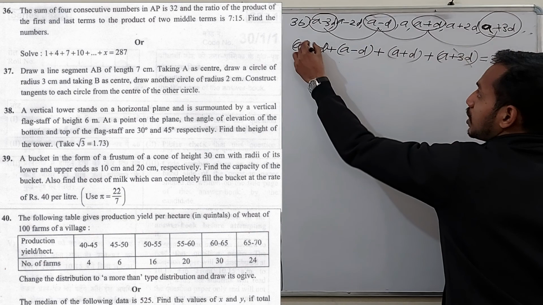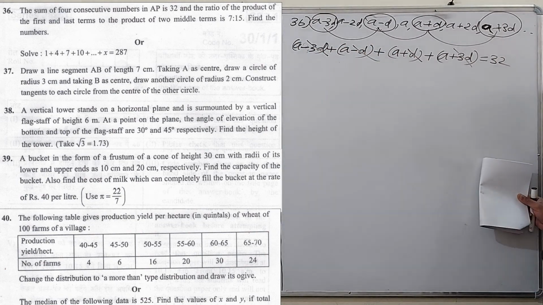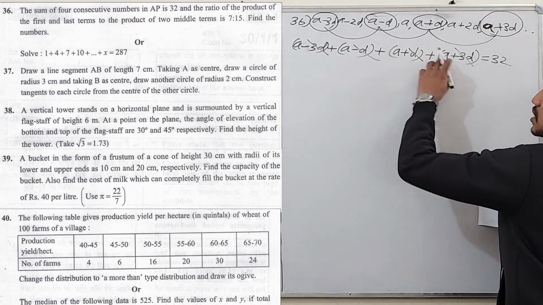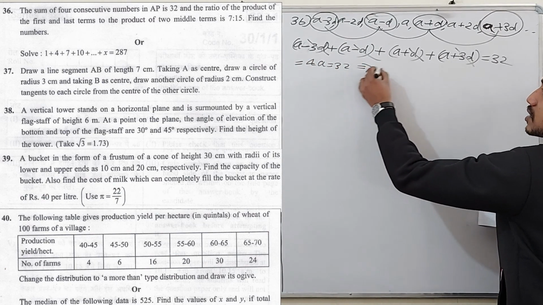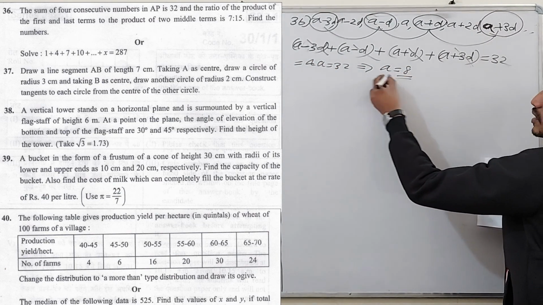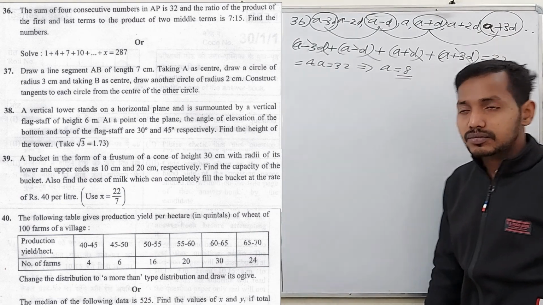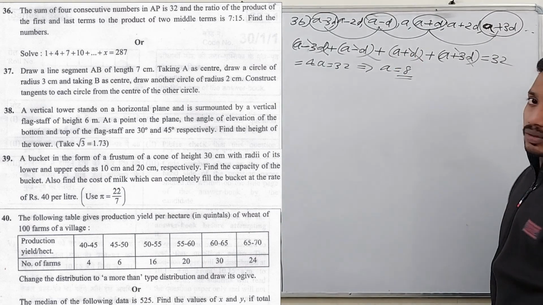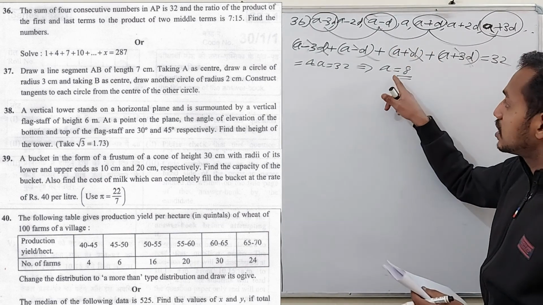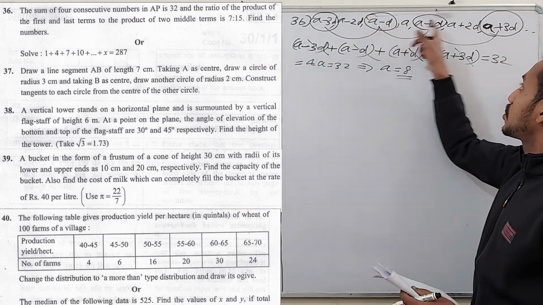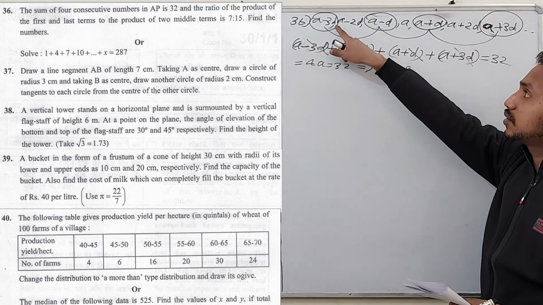Here the minus 3d and plus 3d cancel, minus d and plus d cancel. That is 4a is equal to 32, which implies a is equal to 8, that is 32 by 4. This a is not actually the first term. This a is actually to substitute here to get the exact numbers after getting the value of d.